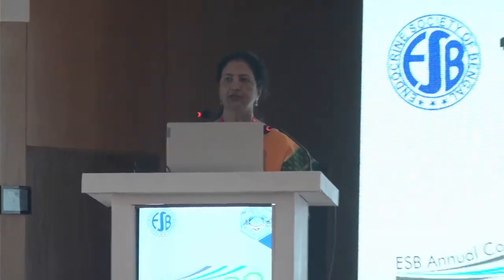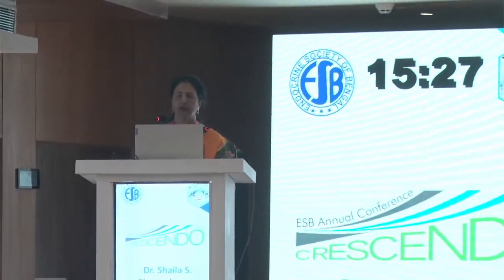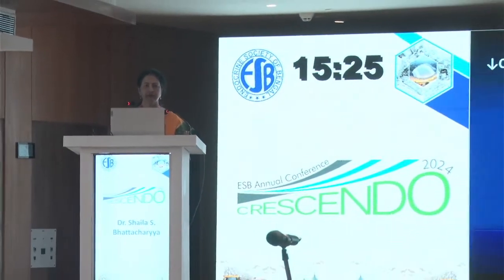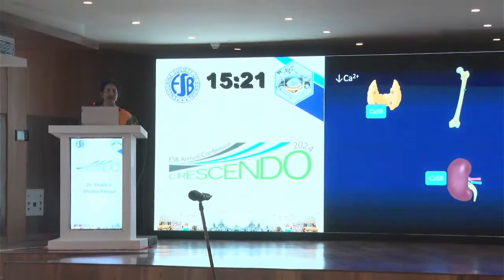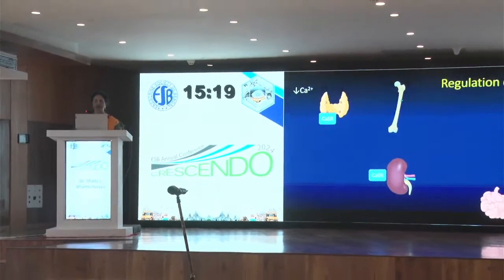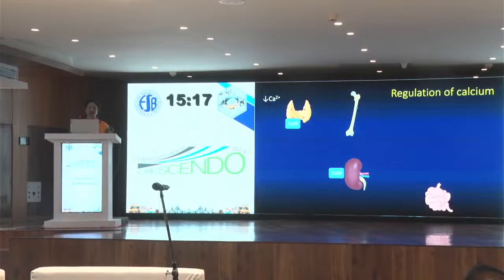To know the etiopathogenesis of any cause of hypocalcemia, we need to know the calcium regulation. So most of the things happen, or calcium is controlled by the parathyroid, bones, intestine, gut, and kidney.